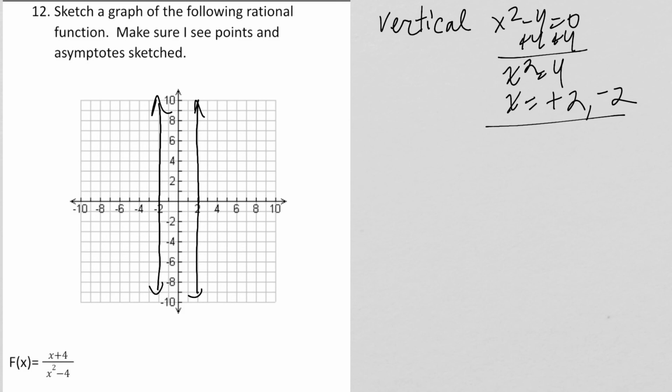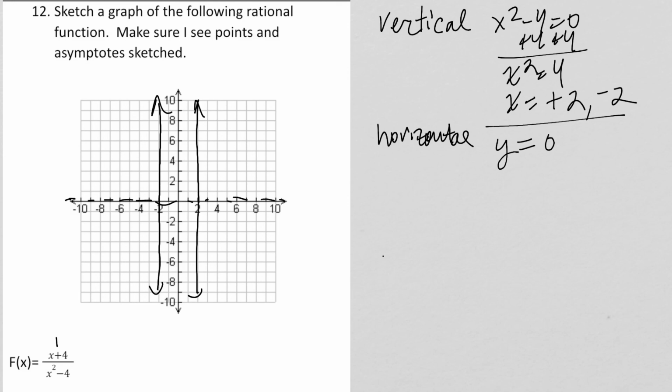Okay, what's my horizontal asymptote? Let's take a look at the degrees. The degree of the top is an imaginary 1 there, right? Degree of the bottom is a 2. So the bottom is higher. So that makes your horizontal asymptote y equals 0, which is basically your x-axis here.